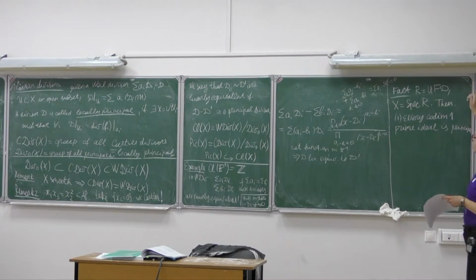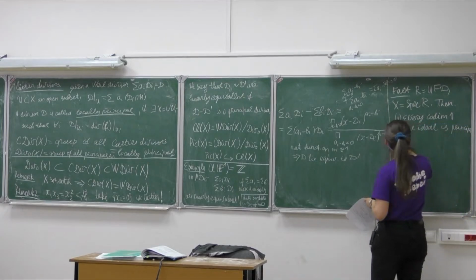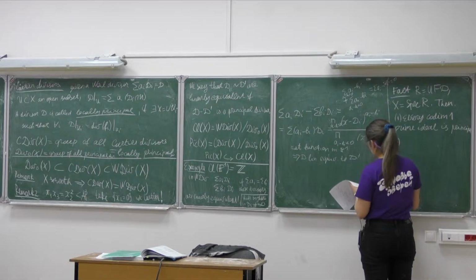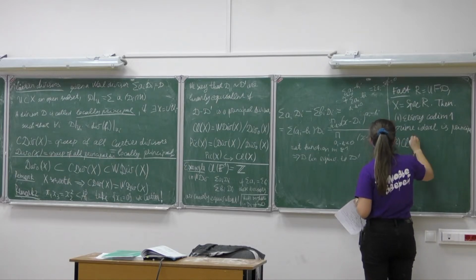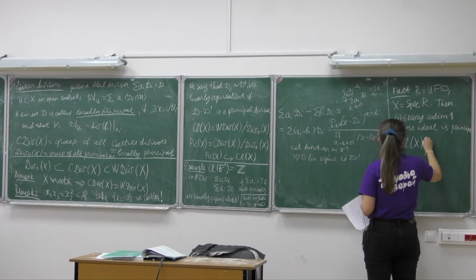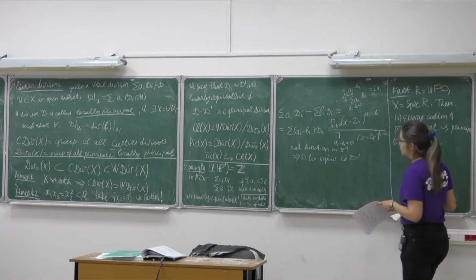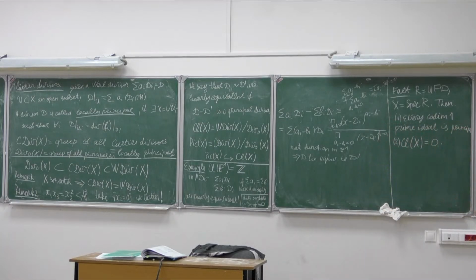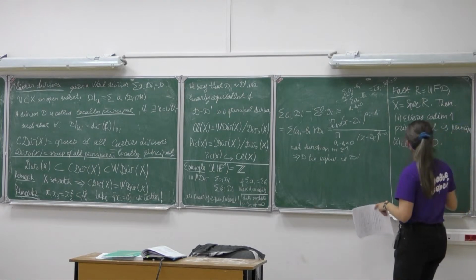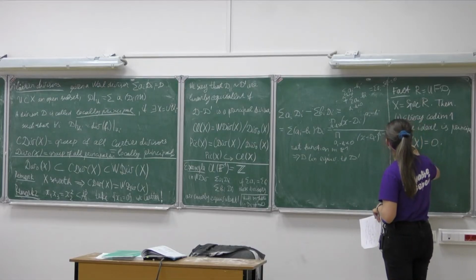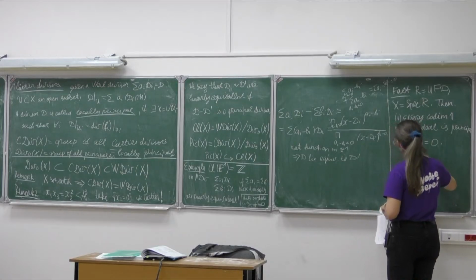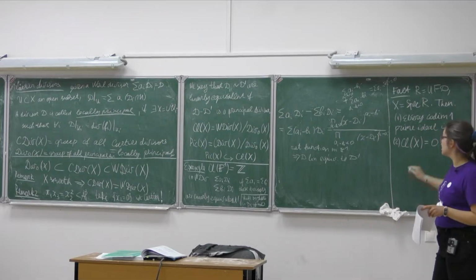Just using that we have unique factorization. And as a consequence of this, we say that the class group in this case will be 0. I want to use this without proof, because in this case all the prime divisors will be linearly equivalent.